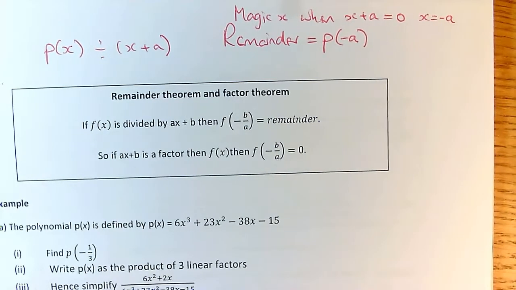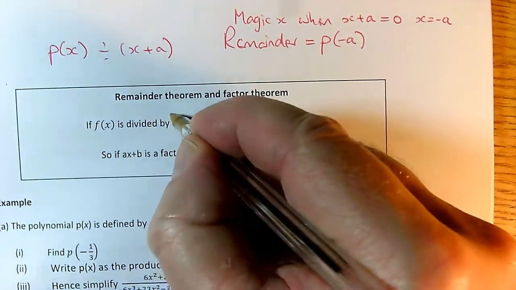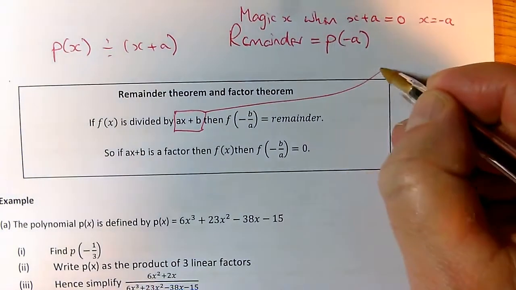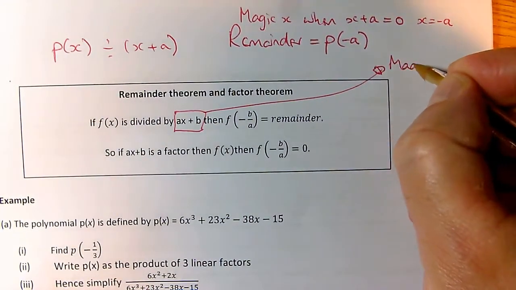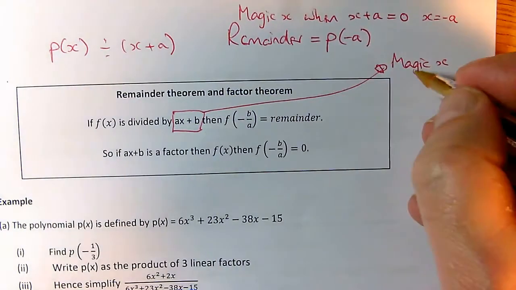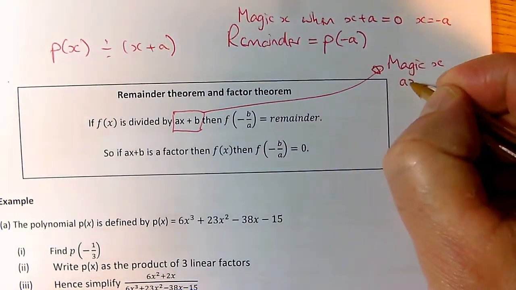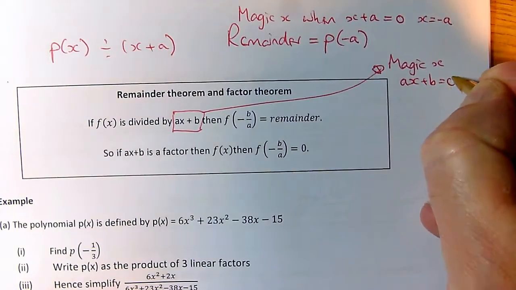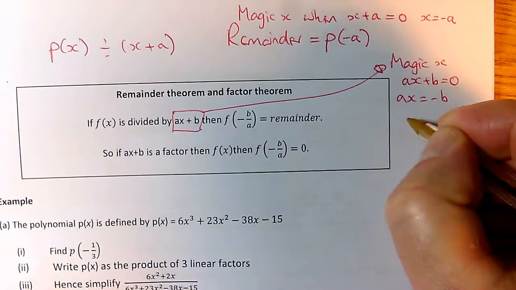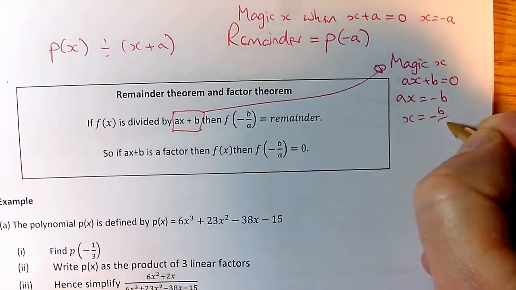So if I'm now dividing by the bracket ax plus b, which I am, then how do we find the magic x? Well, the magic x is going to be when the thing I'm dividing by, ax plus b, is 0. So for the magic x, I need ax plus b to equal 0. So that's true when ax equals minus b, so x equals minus b over a.